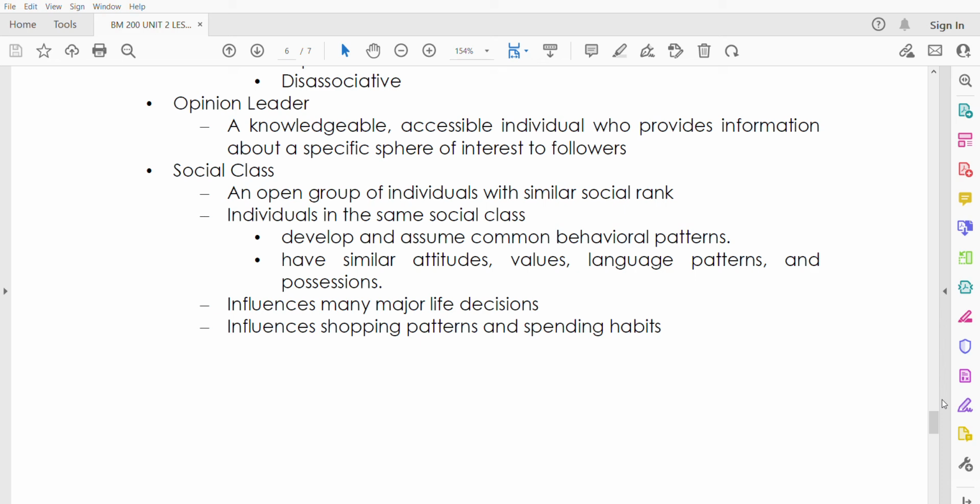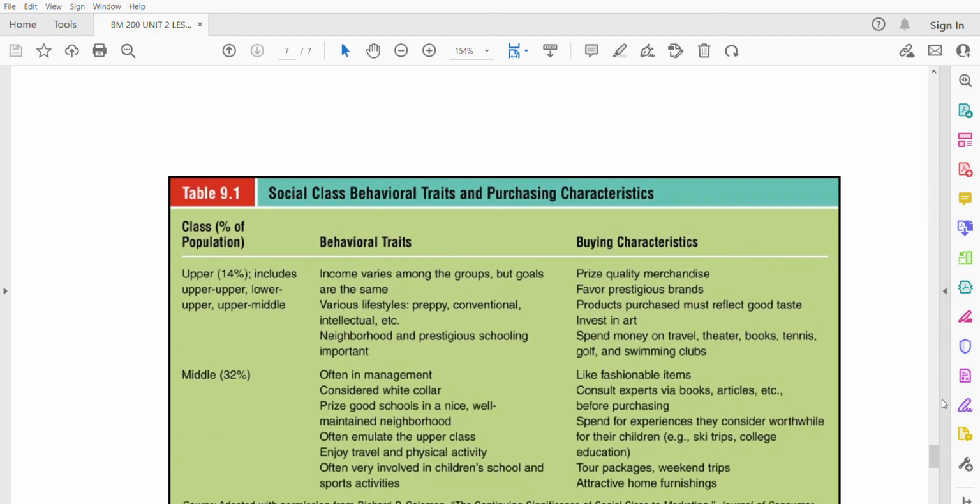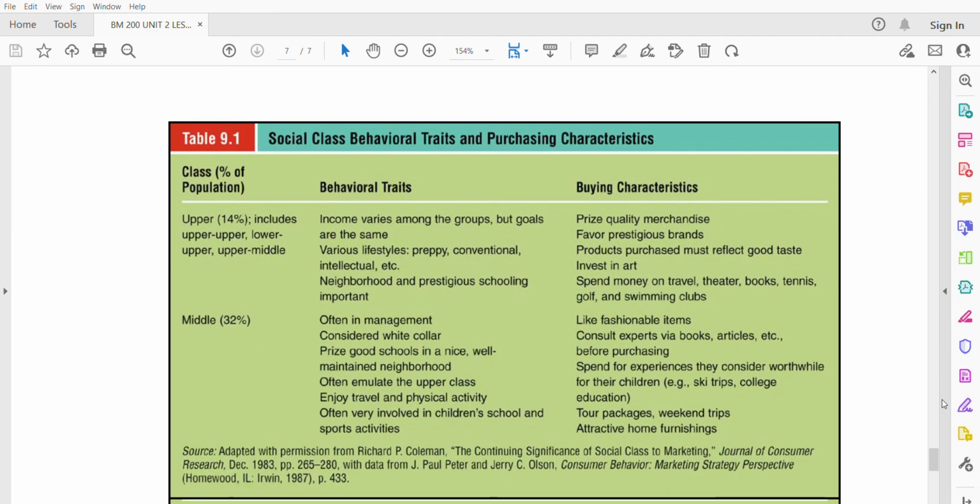So, natay mga social class, natay working, middle, low, and then the katong sa high class ng mga people. So, because of the social class influences, they could influence many major life decisions as well as shopping patterns and spending habits. So, natay table diri sa social class behavioral traits.